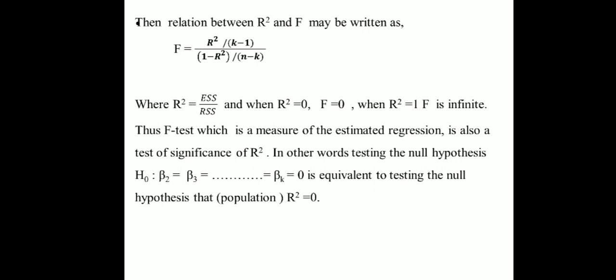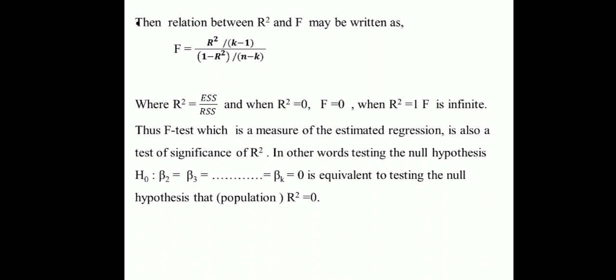The proof is not necessary for you, only this formula is enough. In the MCQ they may ask such questions: the relation between R squared and F may be which formula. So you have to choose the formula out of the given options, so you should know the formula. That is why I have taken the relation between R squared and F.